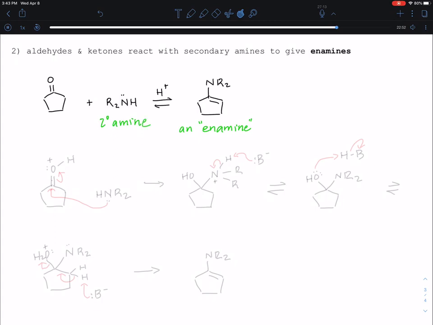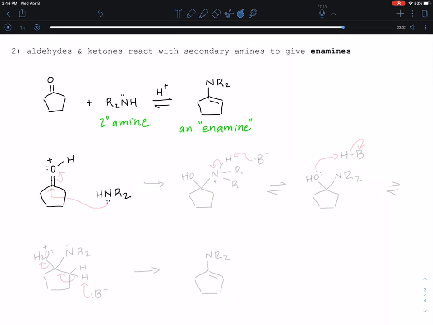How does this happen? Same way the other reaction happens, right? Only this time, instead of grabbing that extra hydrogen, because there isn't an extra hydrogen, we're simply going to deprotonate the carbon next door so that we can kick the water off. I'm going to start with this already protonated, save us a step, right? And then we're going to attack with our nucleophile. Our nucleophile is going to be our secondary amine.